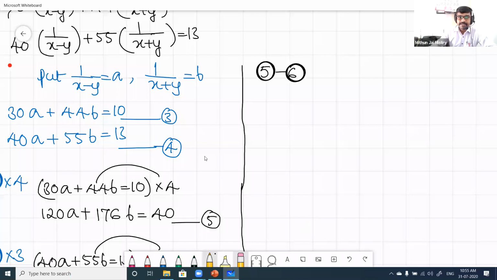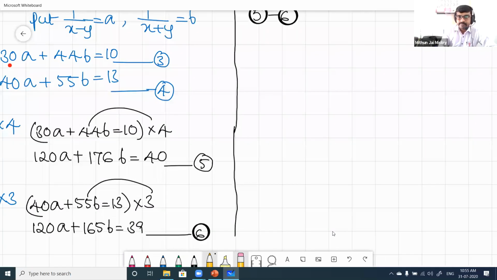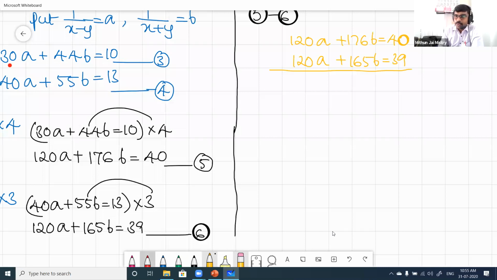Equation 5 is 120A plus 176B is equal to 40, and equation 6 is 120A plus 165B is equal to 39. Maybe you understood why I decided to subtract. I decided to subtract because both 120A are positive, both having the same sign. So when you do subtraction, the sign of the second equation will change. You will get minus here, and again minus here. And please respect it by putting it in brackets, right?